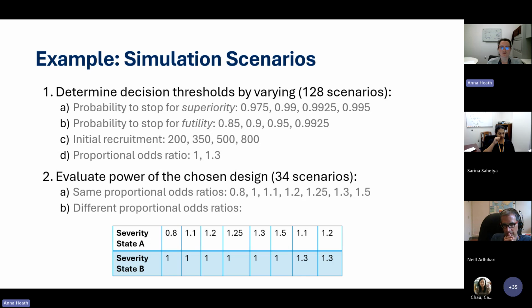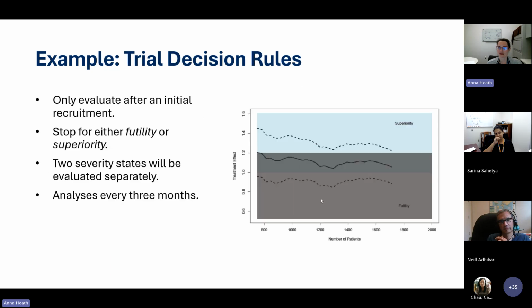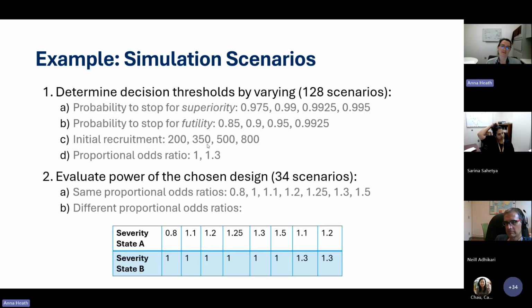The probability to stop for futility. Again, what we would do is calculate the probability of futility, so the probability that you lie within this gray band here, which actually is the treatment effect being less than 1.2. And if that probability is sufficiently high, we would stop for futility. In this case, we compared 0.85, 0.9, 0.95, and 0.9925.